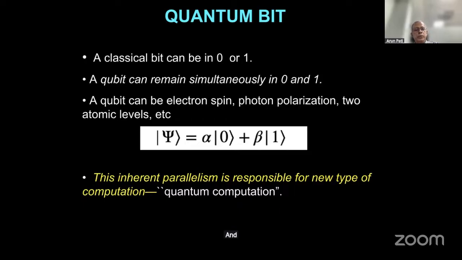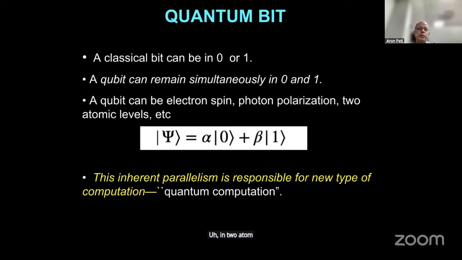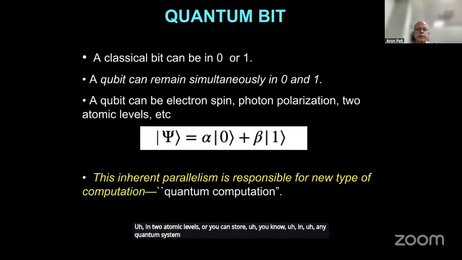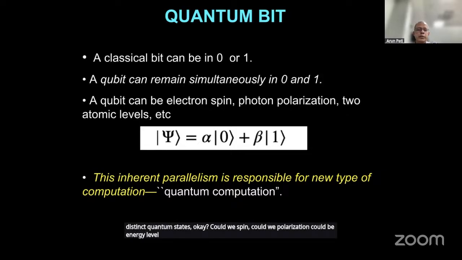And you can store information like this, alpha 0 plus beta 1, not only in electron spin, you can also store the same information in photon polarization, in two atomic levels, or in any quantum system by identifying two distinct quantum states. It could be spin, polarization, energy level, or any other degrees of freedom. You can identify it, and then you can store this information.